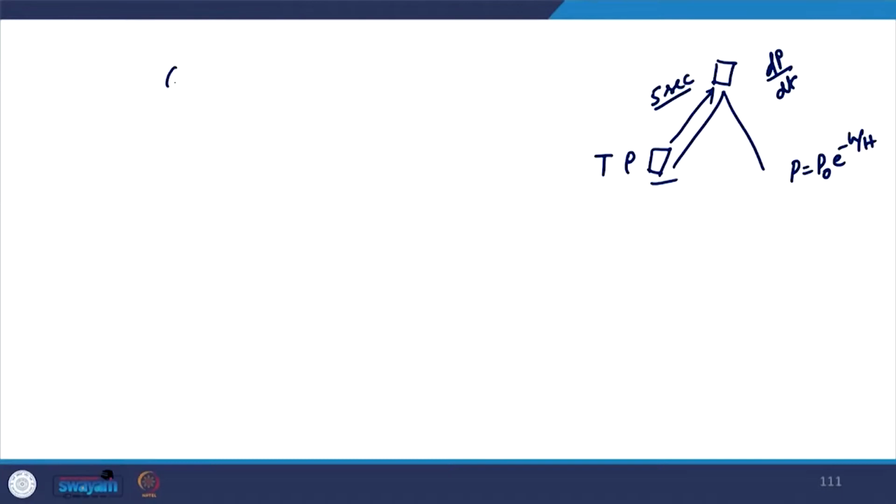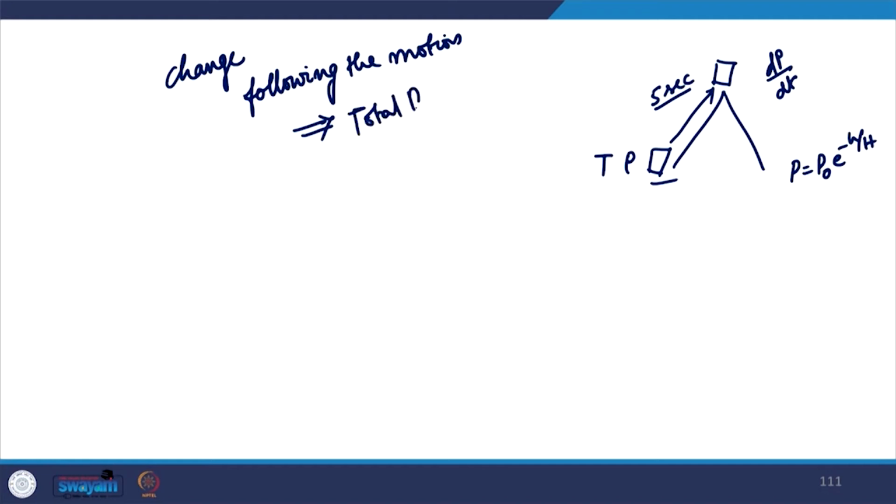So, you must account for the change following the motion. When you account for change in a physical quantity following the motion, that is represented by the total derivative.